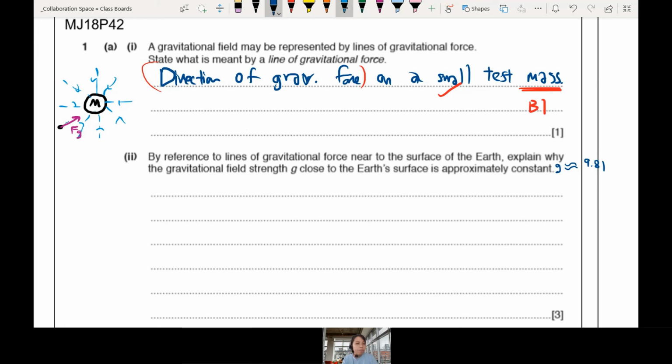So if you look at the top left picture, this is what we call a radial field, because all the lines that I draw are like radii coming out from the middle, so we call it radial. For it to be constant, you need a uniform field. Like the one in electric field, where you have 2 plates and the field lines are like that. This is called a uniform field, with equal spacing between them. How is it possible to have a uniform field in the planet?